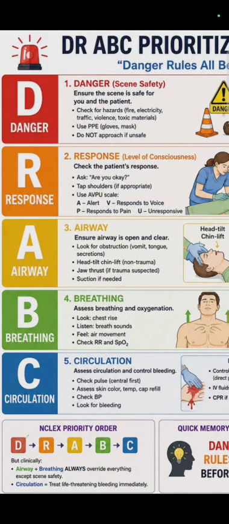ABC. D indicates that we need to find out whether the patient is in any hazardous scene. For example, before checking the airway, we need to recognize any signs of danger.